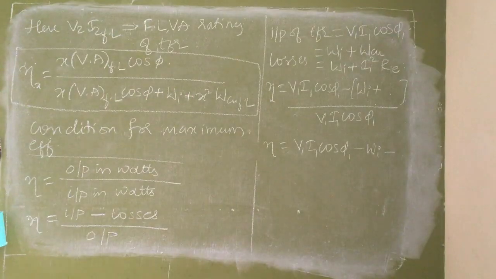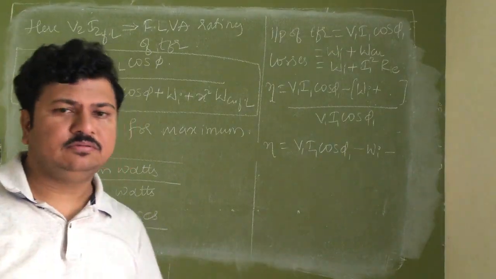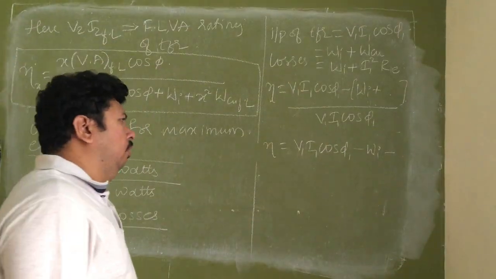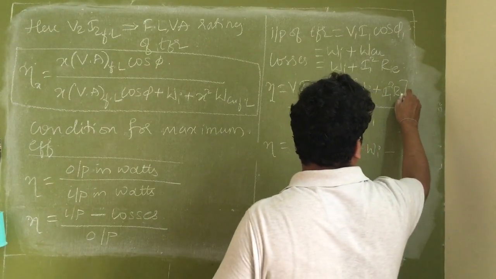I1 square R1e is exactly equal to I2 square R2e; there is no change.